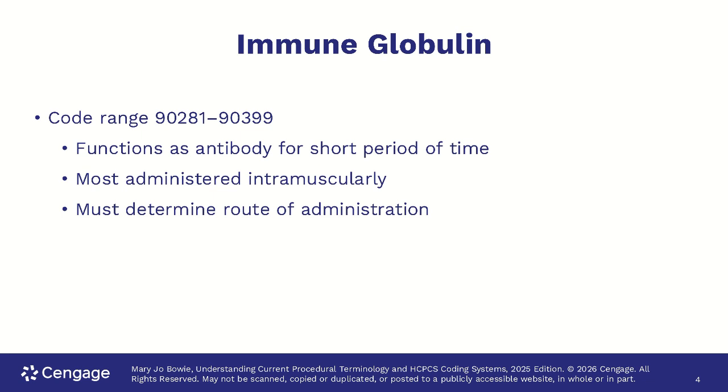The basic structure determines the type of immunoglobulin function. The code range is 90281 through 90399. And these particular tests, or I'm sorry, vaccinations, injections, are administered intramuscularly. Most of them are intramuscular.